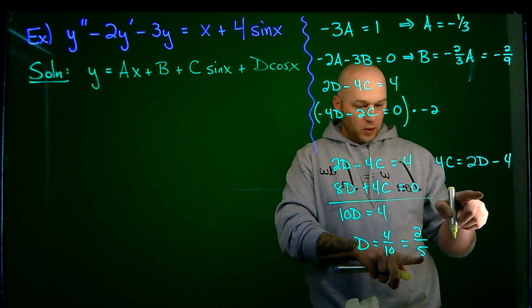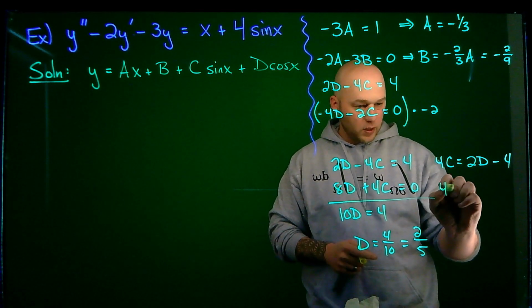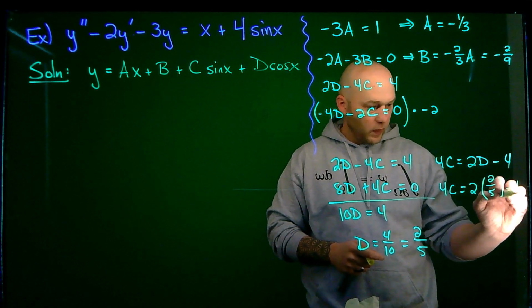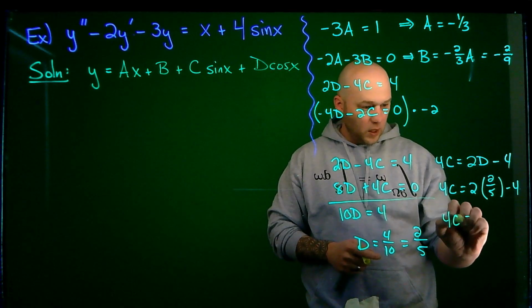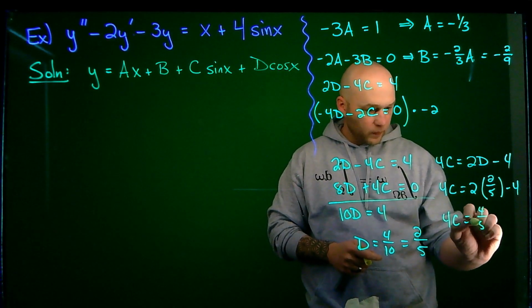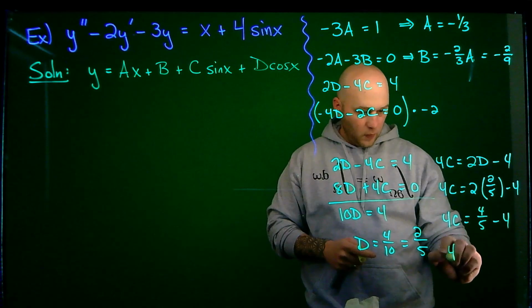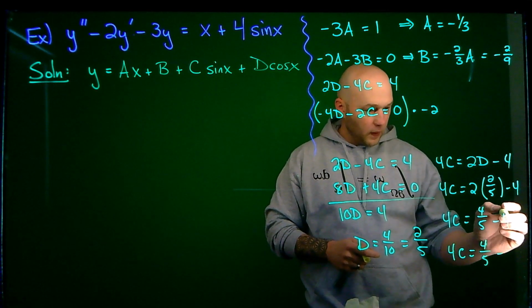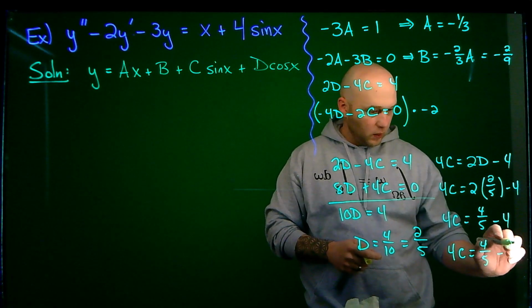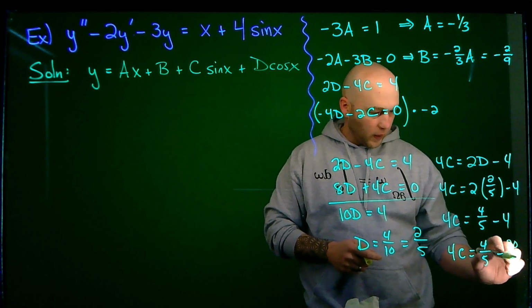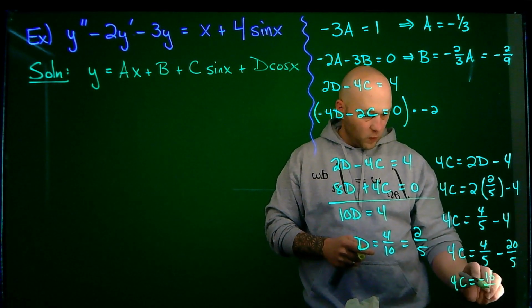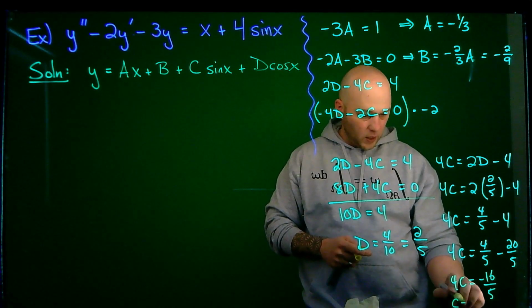Plug in 2/5 for d, so I get 4c is 2 times 2/5 minus 4. So 4c is 4/5 minus 4. 4c would be 4/5 minus 20 over 5. 4c would be negative 16 over 5, and therefore c would be negative 4/5.